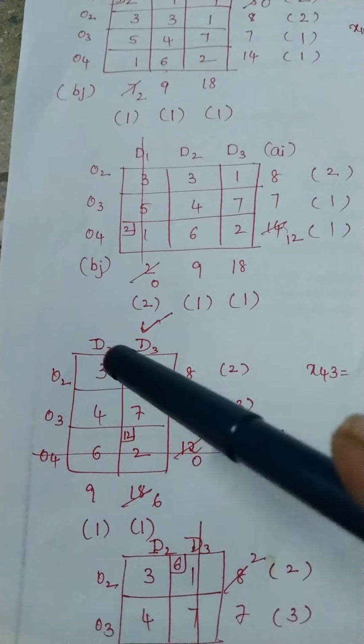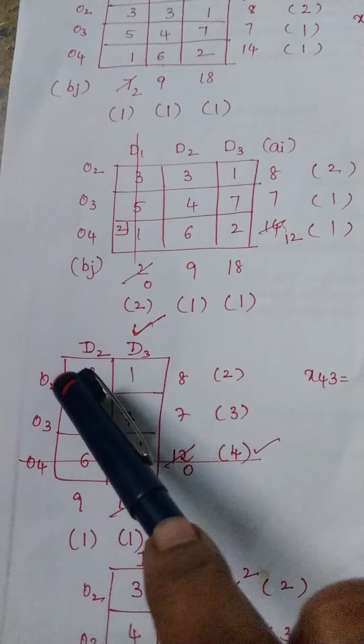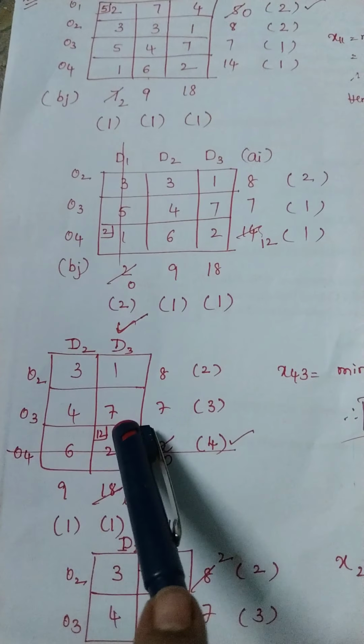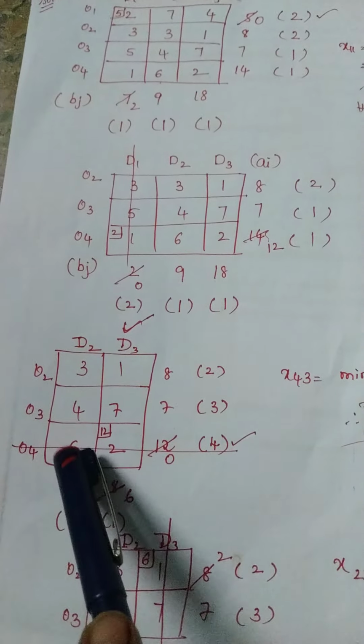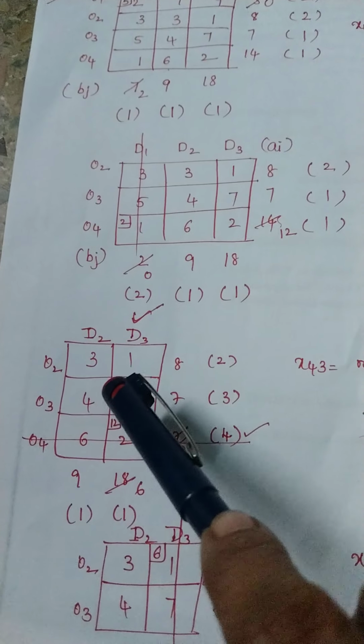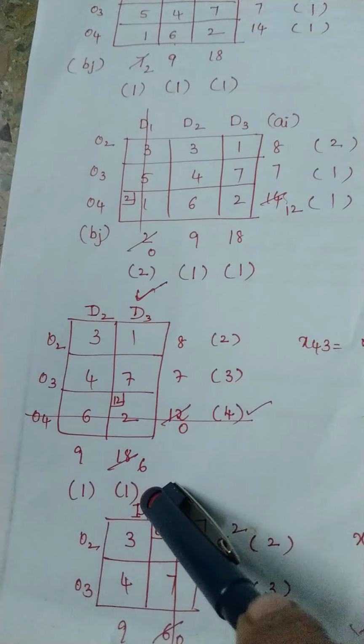So the origin penalties have changed here. 3 minus 1 is 2, 7 minus 4 is 3, 6 minus 2 is 4. And the penalties for your destinations are 1, 1. 4 minus 3 is 1 and 2 minus 1 is 1.